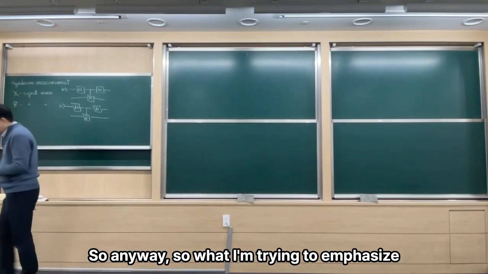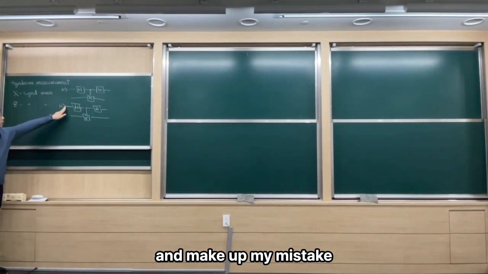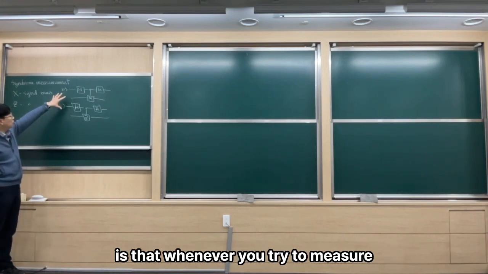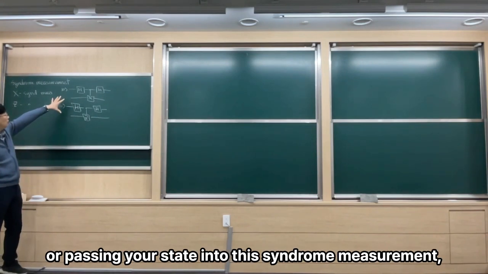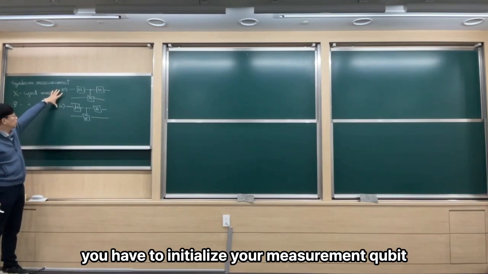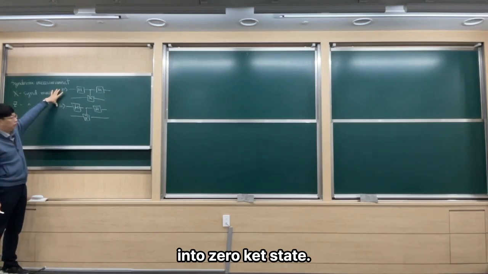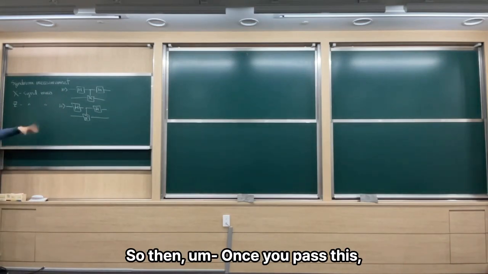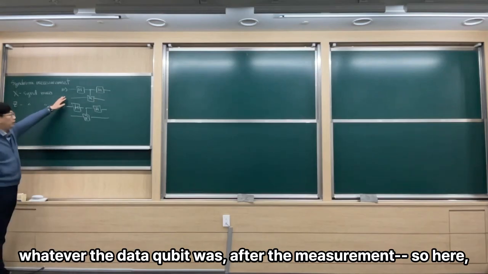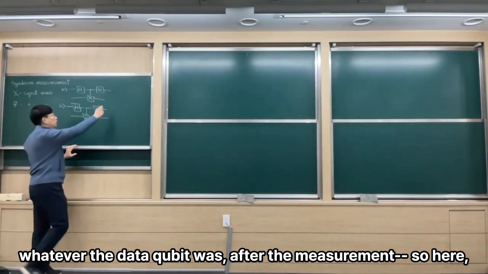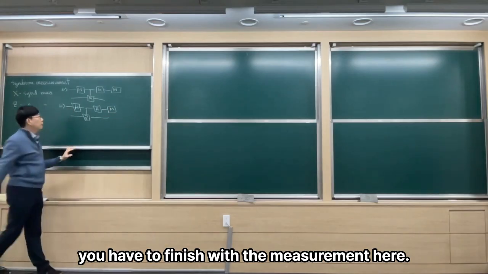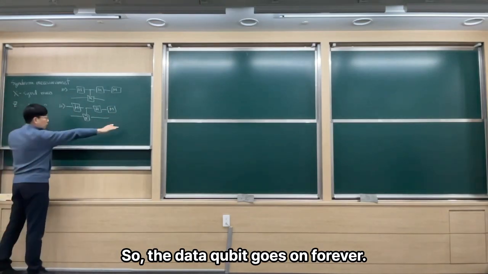So anyway, what I'm trying to emphasize and make up for my mistake last class is that whenever you try to measure, or pass your state into the syndrome measurement, you have to initialize your measurement qubit into the 0 state. Then, once you pass this, whatever the data qubit was after the measurement, you have to finish with the measurement here. So the data qubit goes on forever.